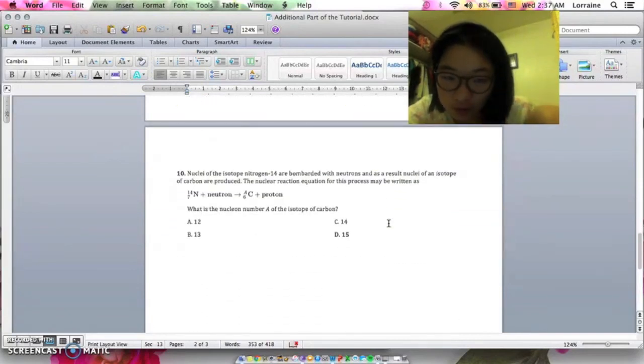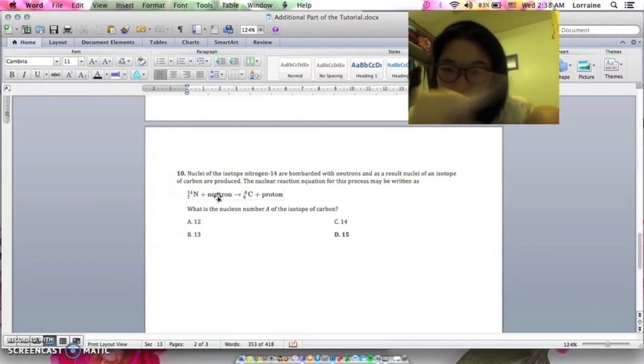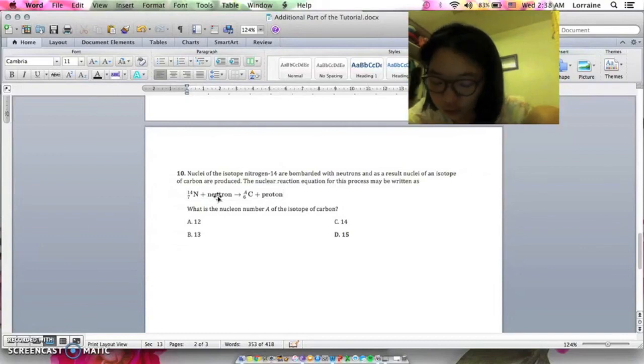Next, number 10. Nuclei of the isotope nitrogen-14 are bombarded with neutrons, and as a result, nuclei of an isotope of carbon are produced. The nuclear reaction equation may be written as nitrogen-14 with 7 below, plus a neutron, which has 1 on top and 0 below, equals carbon with A on top and 6 below, plus the proton.